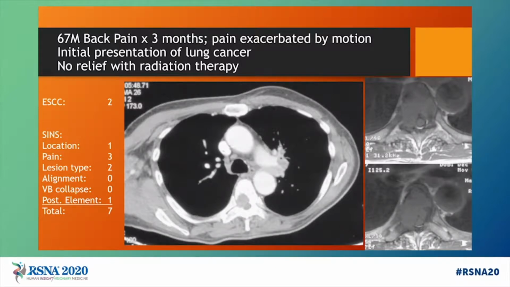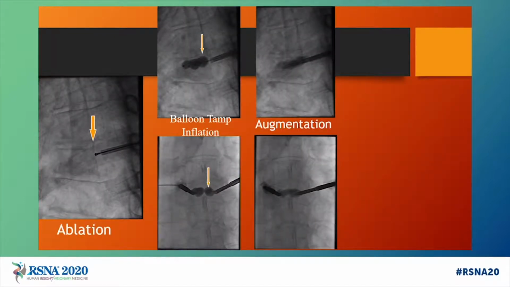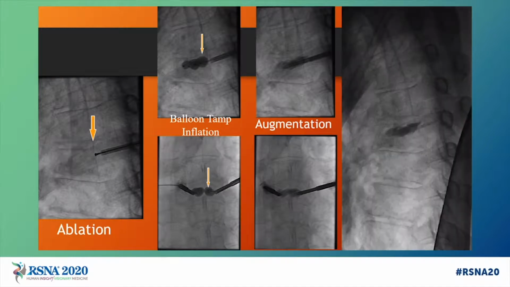And what we ended up doing for this patient, who actually presented with metastatic disease and with back pain as his first diagnosis of metastatic lung cancer, we were able to get inside of that lesion percutaneously, ablate the lesion, and then put cement within that vertebral body and within the lesion and stabilize it, and he had complete and immediate pain relief.